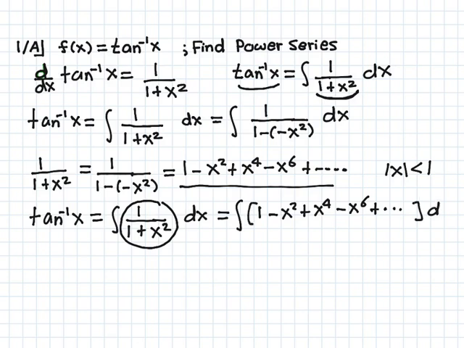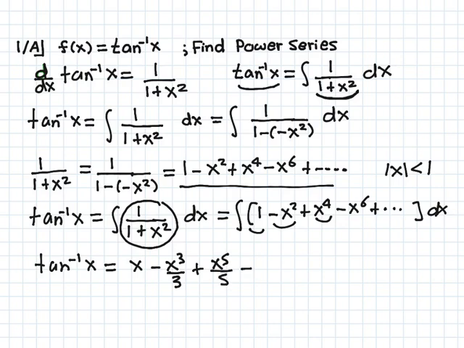We integrate this with respect to x. So tan minus 1 x is equal to, the integral of 1 is just x. Integral of minus x squared gives us minus x cubed, divided by 3. Integral of x to the 4th, reverse the power rule, add 1 to the exponent, divide by the same: x to the 5, divided by 5, minus x to the 7, divided by 7, and so on.